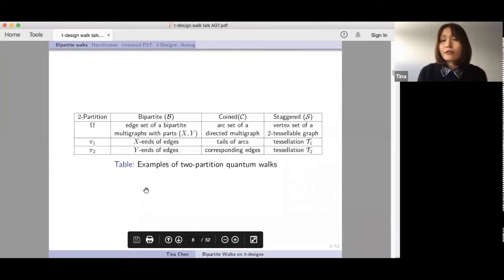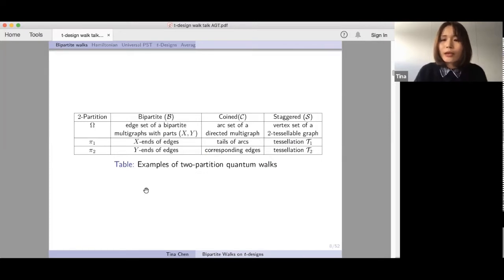Portugal's two-partition model is a very general model because it includes so many other examples. Our bipartite walk is one member of these two-partition models.